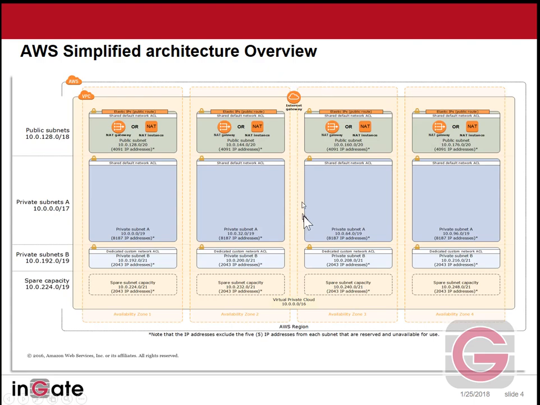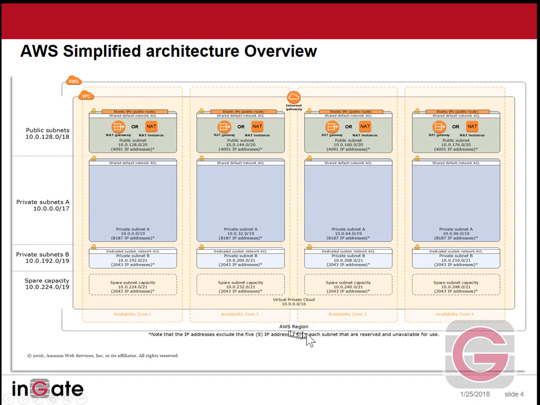We are not going to go into detail on this diagram, which looks like a complicated chart. But this is a generic, simplified way of understanding how the Amazon architecture is built. Amazon starts by dividing their infrastructure into what they call regions.